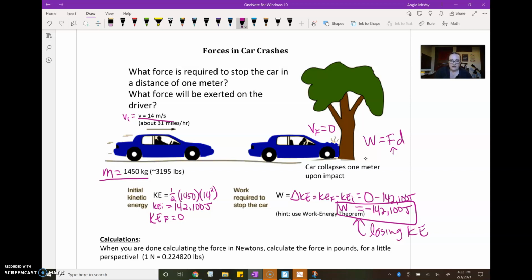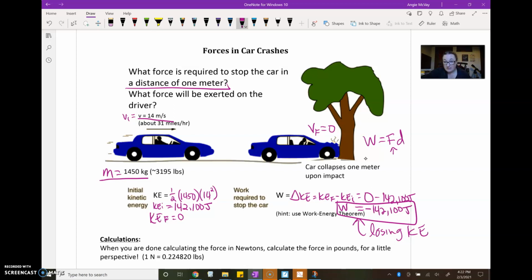All right, now here's the thing. We know how much work is done. What is the force? The stopping distance here is 1 meter. We can assume the driver, again, has fallen asleep at the wheel. They did not apply the brakes.